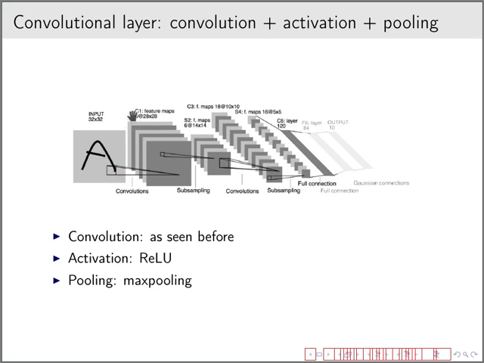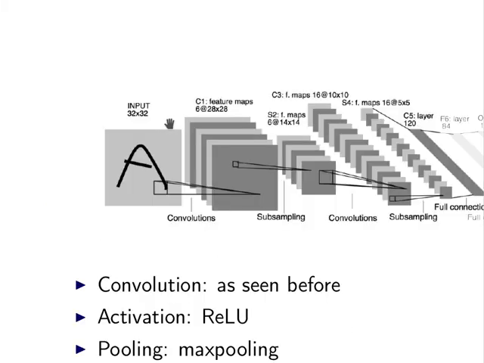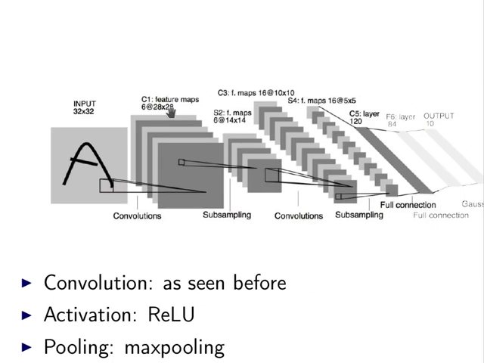It has 6 filters that, as you can see here, don't use zero padding, so the resulting feature maps are 28 by 28. So 6 filters resulting in 28 by 28 feature maps.